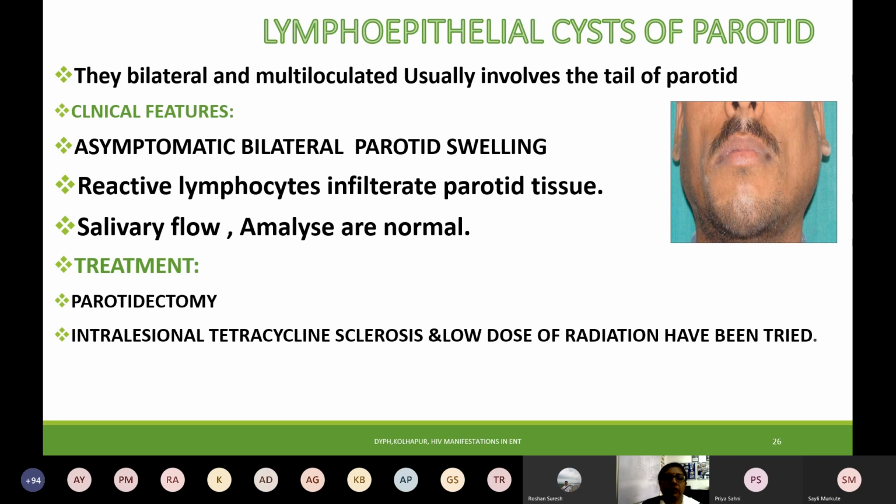When you write this, if only a short note is asked about lymphoepithelial cyst or non-Hodgkin's lymphoma, please write all the signs and symptoms you get in acute parotitis or parotid swelling, and add the CD4 count as an additional investigation. The treatment is parotidectomy, that is surgery. Second, intralesional tetracycline sclerosis or low-dose radiation have been tried in this case.